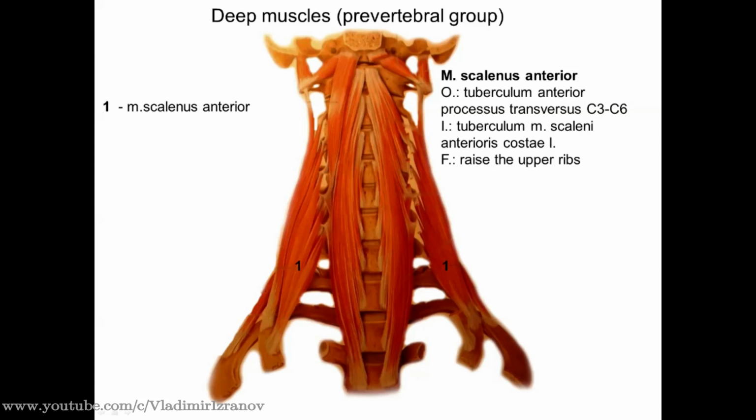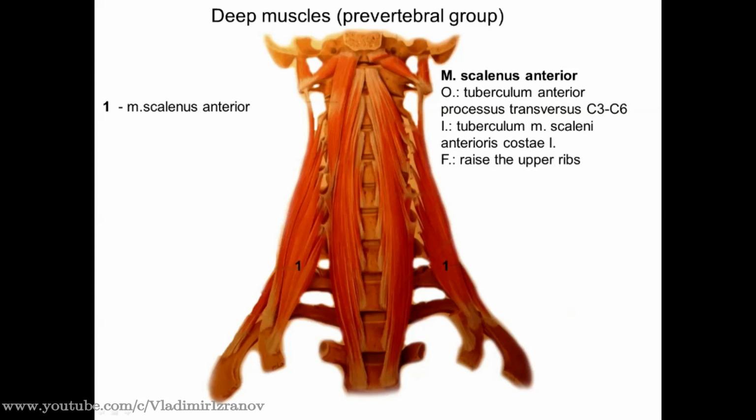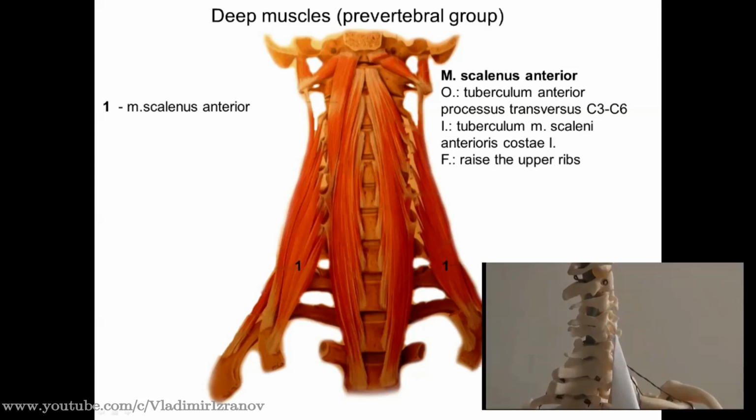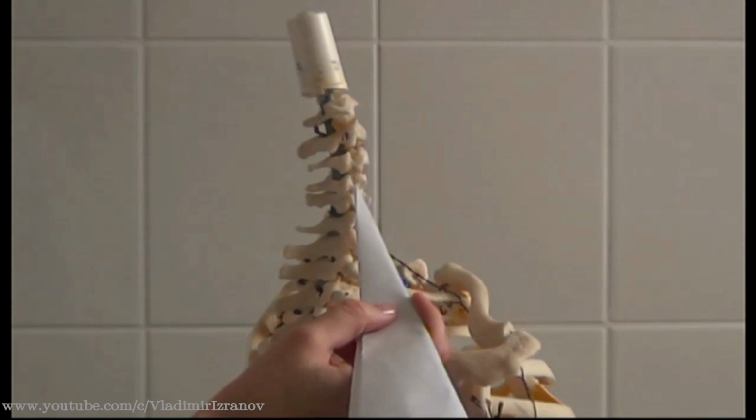Maybe on the skeleton. Origo, tuberculi anterioris, processus transversi vertebrae cervicalis from 3rd to 6th vertebrae. Here they are. This is the place where this muscle originates.